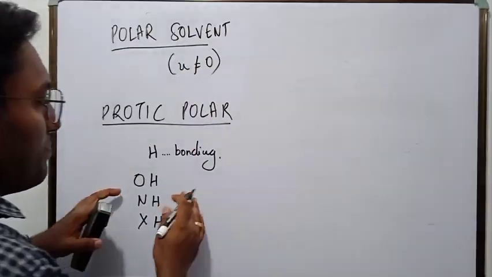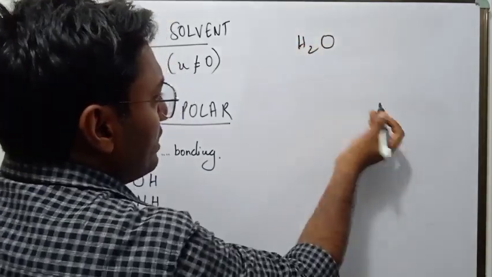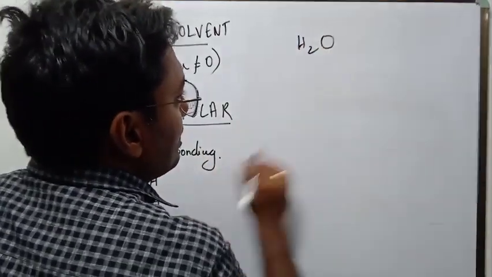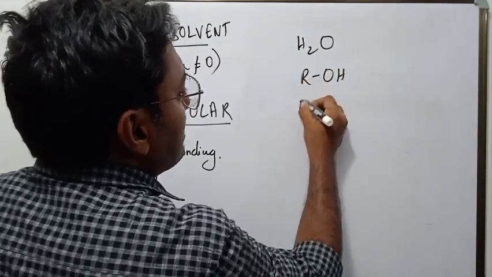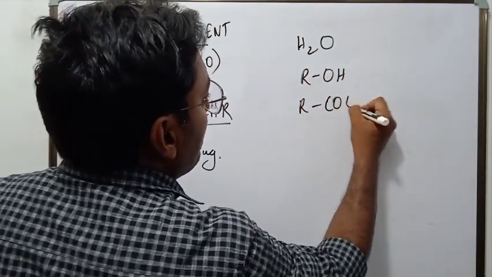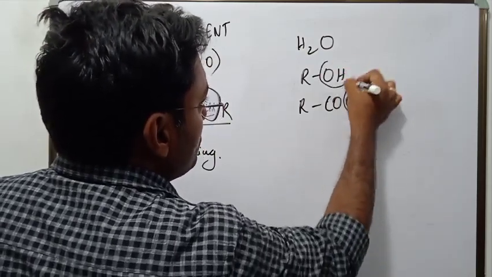Let us see some examples of protic polar solvents. H2O, it is HOH. ROH, alcohol. RCOOH, all these are having OH groups.